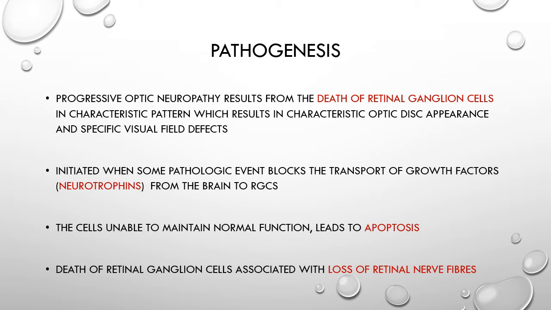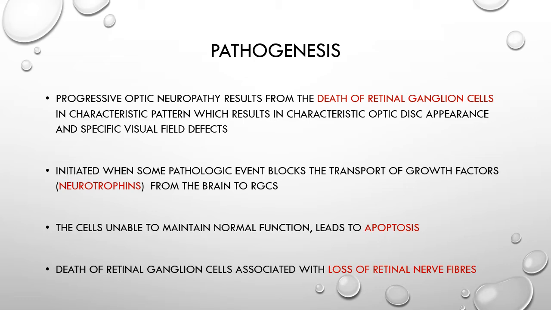Whenever there is a rise in the intraocular pressure, there will be kinking of these retinal nerve fibers and the very fine arterioles or vessels. That blocks the transport of growth factors called neurotrophins from the brain to the retinal ganglion cells.